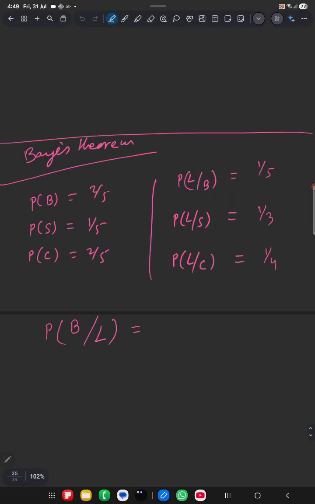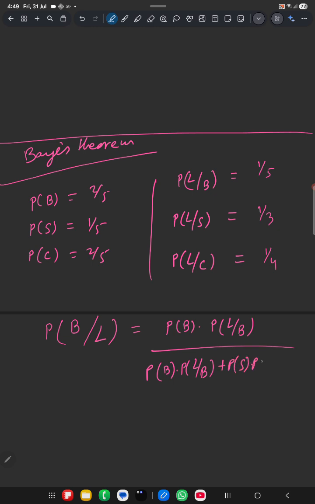So what will be the formula here? The formula will be P(B) into P(L given B), divided by P(B) into P(L given B) plus P(S) into P(L given S) plus P(C) into P(L given C).